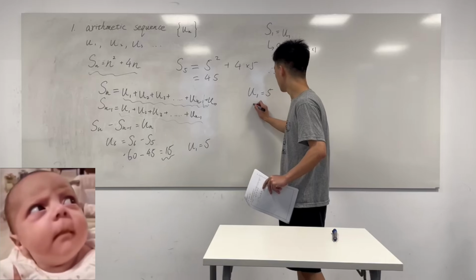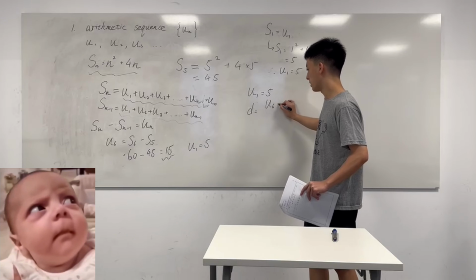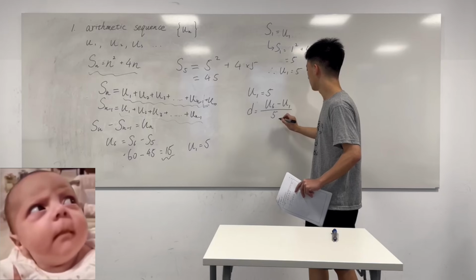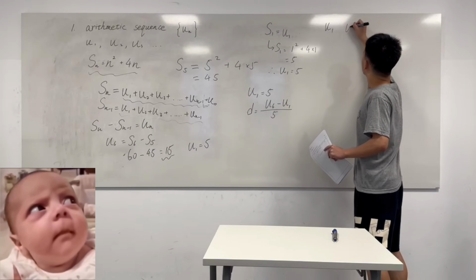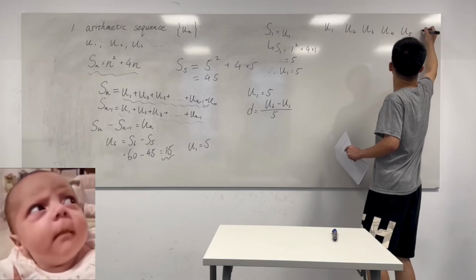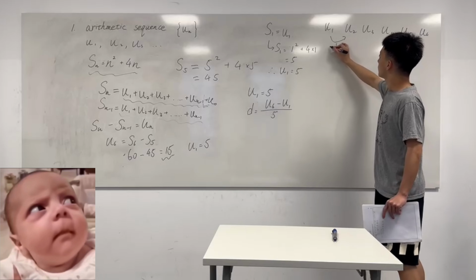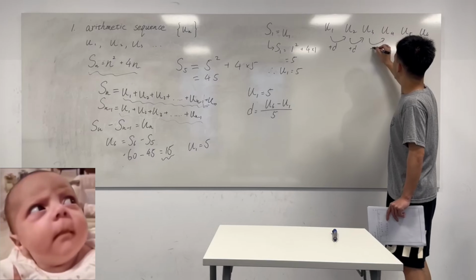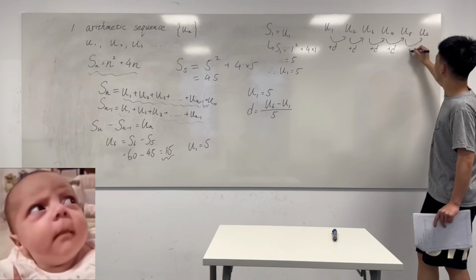Therefore, we know that d is equal to U6 minus U1, divided by 5. Why? Because from U1 to U2, we add 1d, 2 to 3 add 1d, 3 to 4 add 1d, 4 to 5 add 1d, 5 to 6 add 1d.